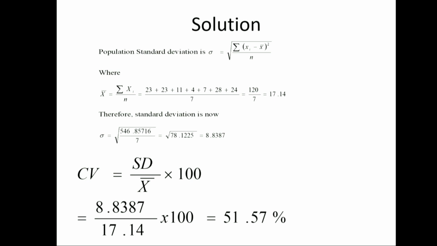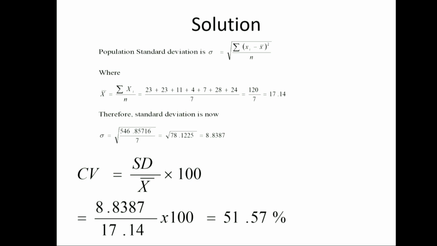The mean was 17.14, while the population standard deviation was 8.8387. So the coefficient of variation for the population is going to be 8.8387 divided by 17.14 multiplied by 100. That will give us 51.57%.